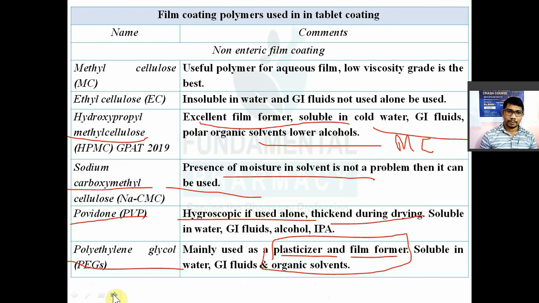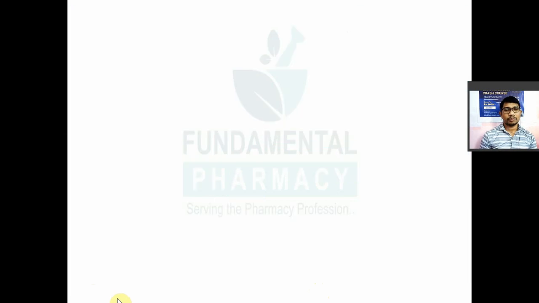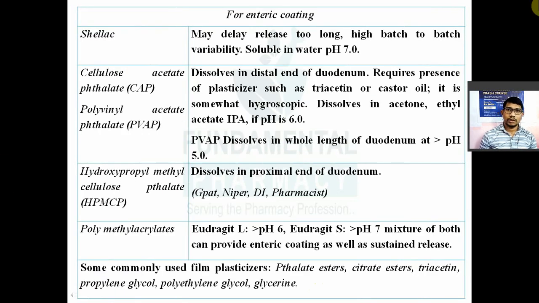So obviously ये कब dissolve होगा, pH 6 में. So it will release the drug in the duodenum, not in the stomach. So that's why enteric coating. When pH is 6, it will dissolve. That's why they are also known as pH dependent polymers.